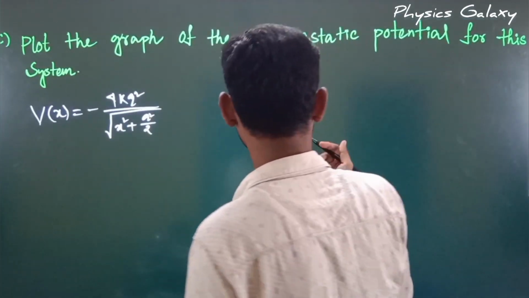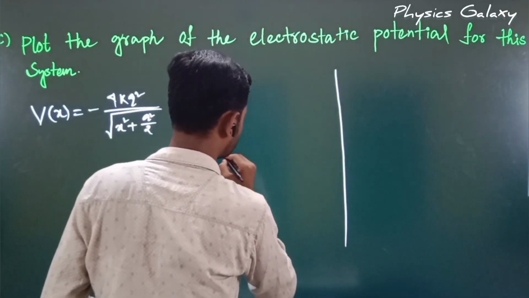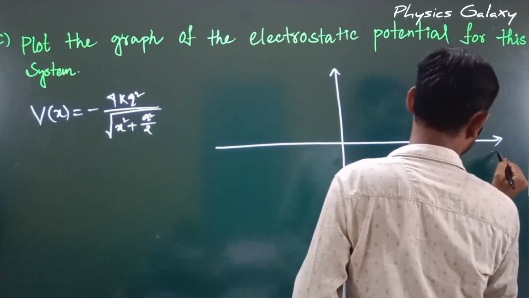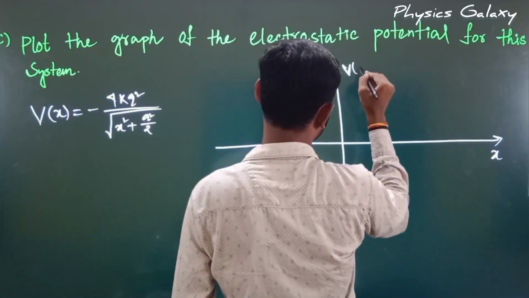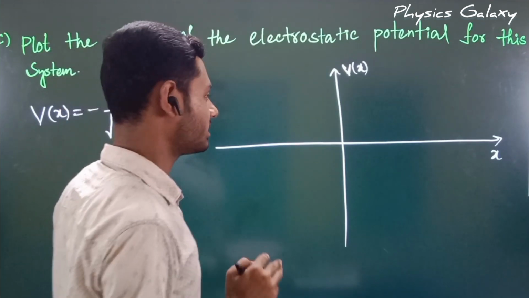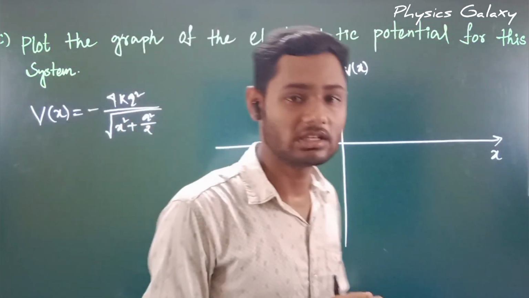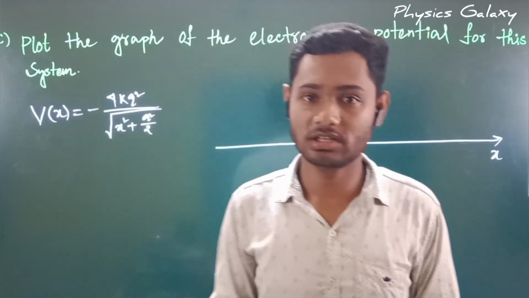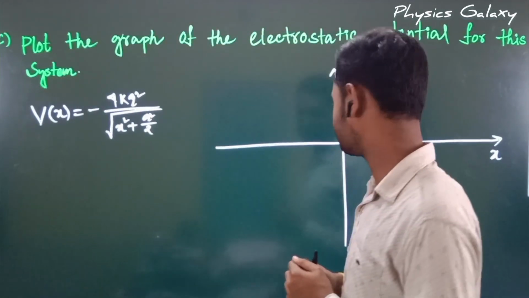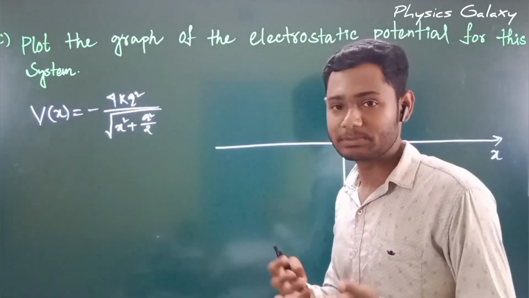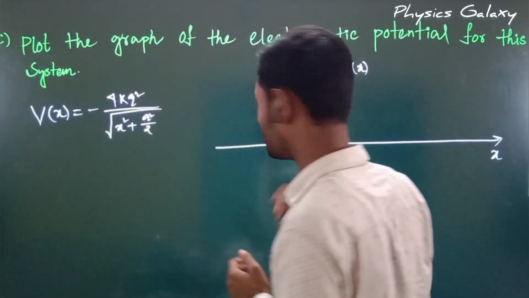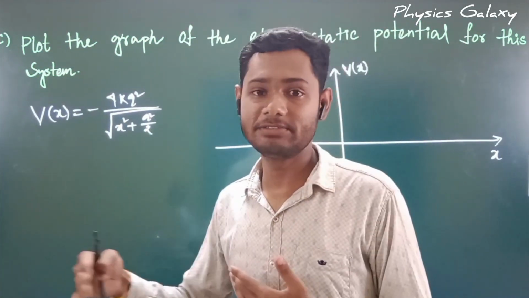So just draw the axis, and we have in this direction x. Now I will check the behavior of this potential for very specific points, like what is the behavior of this potential at the origin, or at plus infinity and minus infinity.